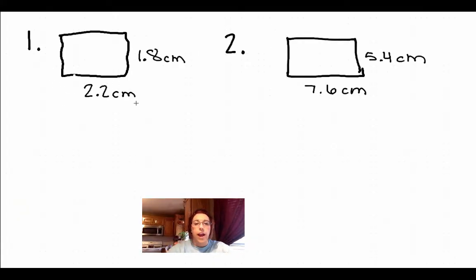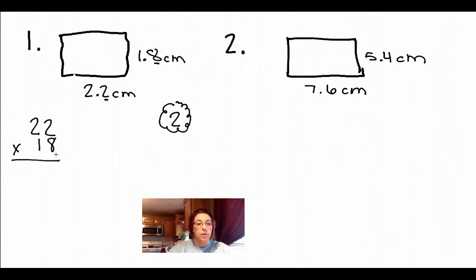Okay, so let's look at these practice problems here. Our first step is we're going to count the decimals. So in this problem, we have 1, 2 numbers behind decimals. We're going to put that 2 in our decimal cloud, and then we're going to line up our other numbers without decimals and multiply like normal.